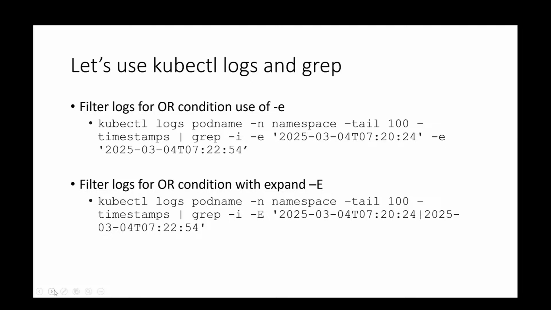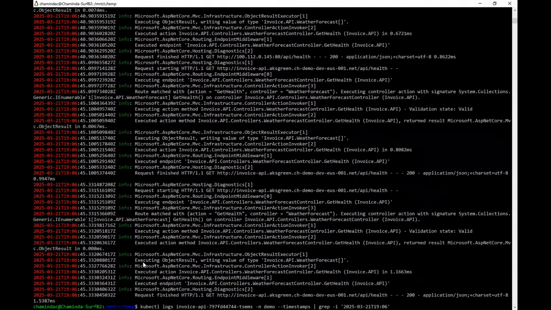How we do that is we can use -e so that we can provide different criteria. You can use multiple -e's so that we can provide multiple criteria, which will act as an OR search in the log. So let's go and try this.